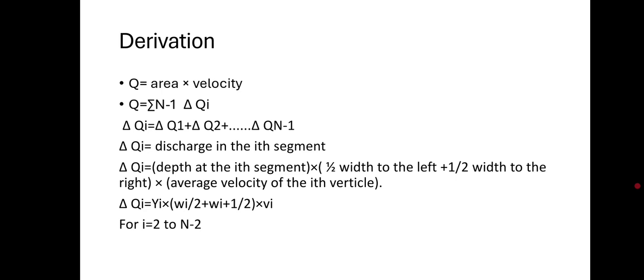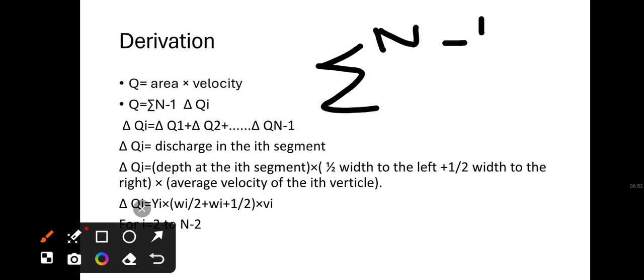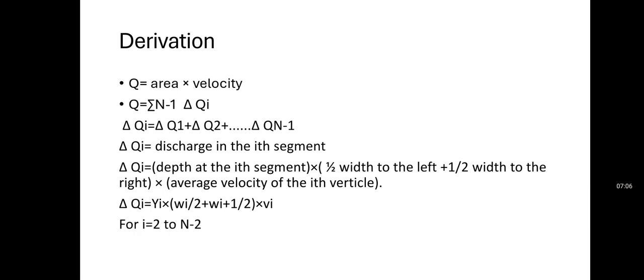Q is equal to the summation from i equal to 1 to n minus 1 of delta Qi. Delta Qi is equal to delta Q1 plus delta Q2 plus etc., plus delta Q(n minus 1).